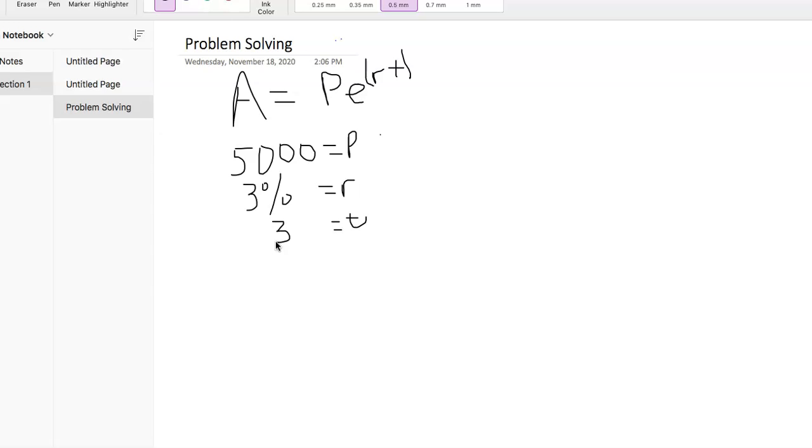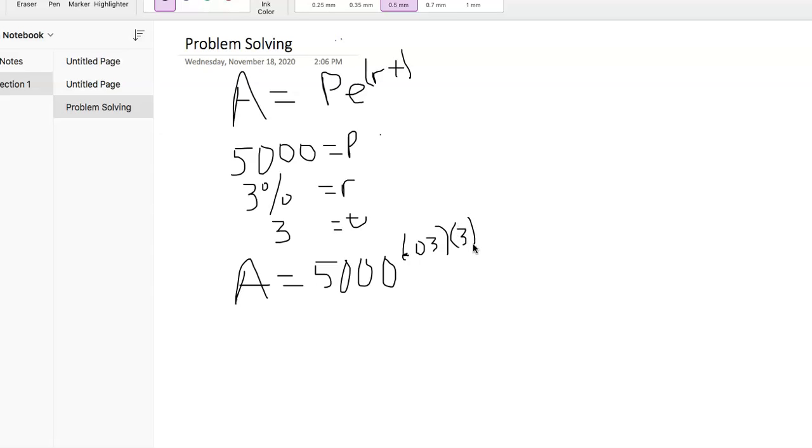Let's look at this. Now we have A equals 5,000, and then 0.03. That's the rate, 0.03 is 3%, times the time, 3.